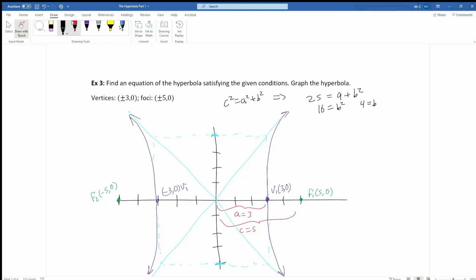Now, this is horizontal, and that tells us that the equation should look like x squared over a squared minus y squared over b squared equals 1. And therefore x squared over 9 minus y squared over 16 should be equal to 1.